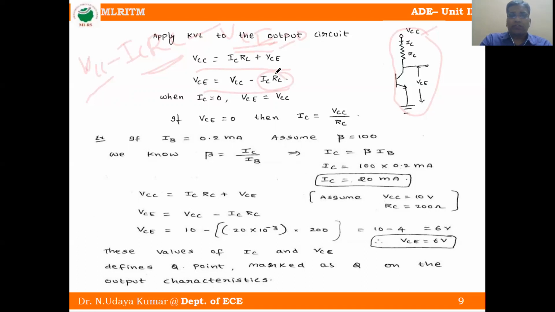So VCE is equal to VCC. That means when collector current is 0, the collector emitter voltage is equal to VCC, the battery voltage of the collector side.